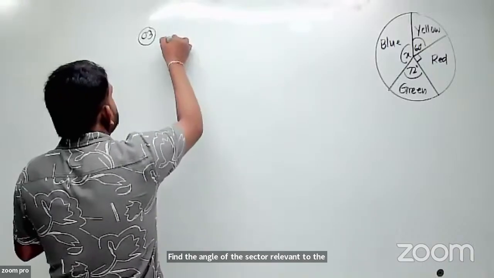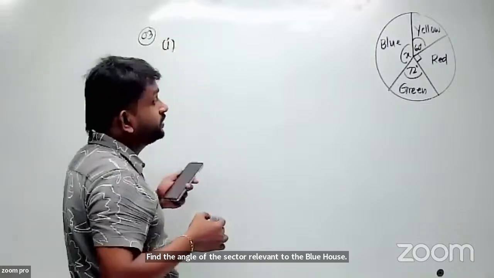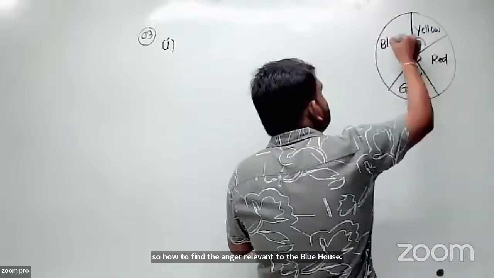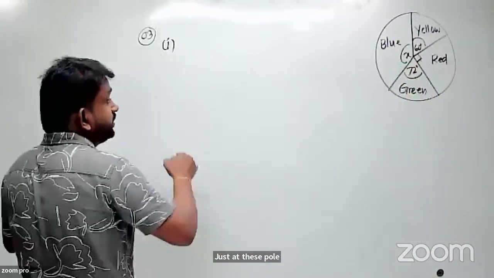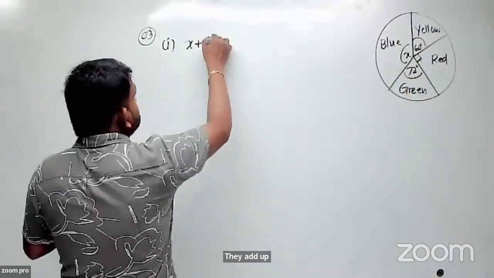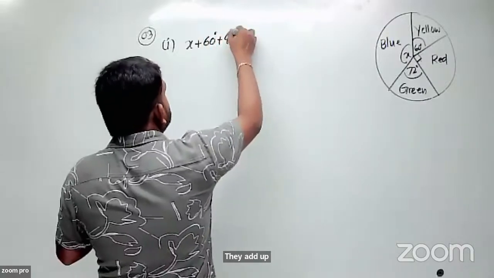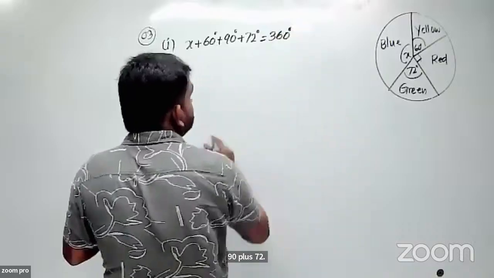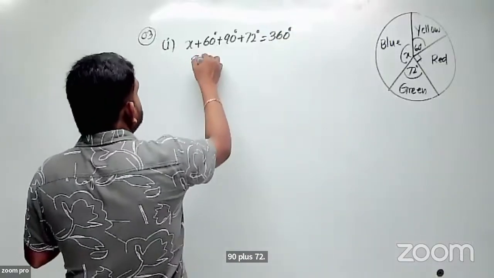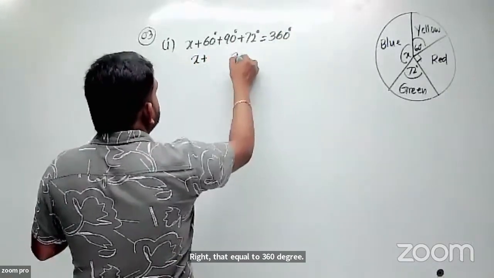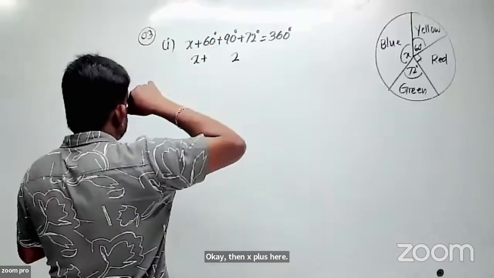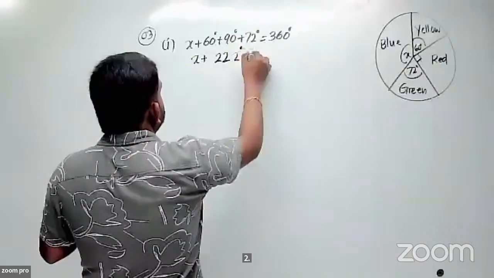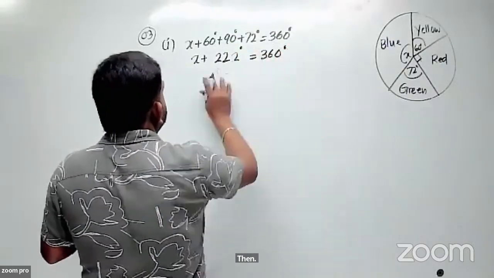Right. So how to find the angle relevant to the blue house? Just add all the angles around this point. They add up to 360. So write x plus 60 plus 90 plus 72 equals 360 degrees. Then x plus 222 equals 360.